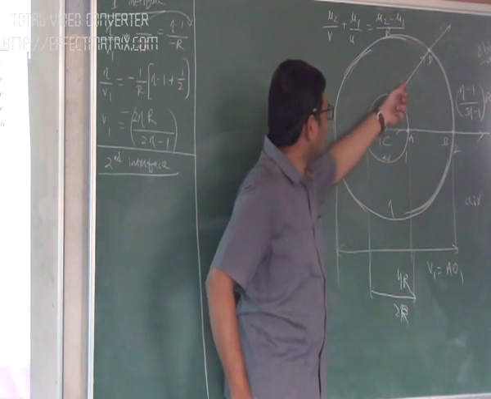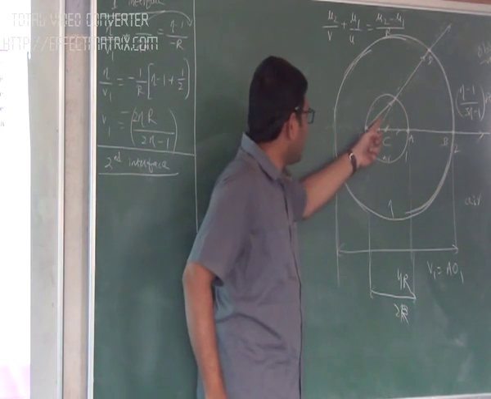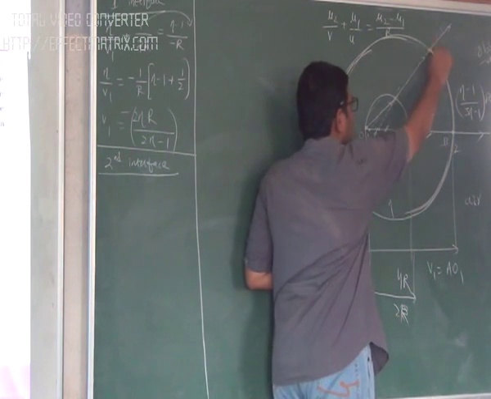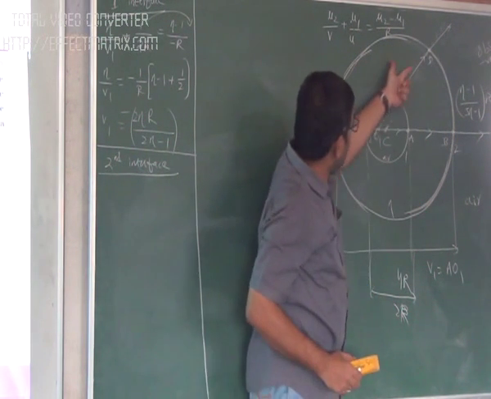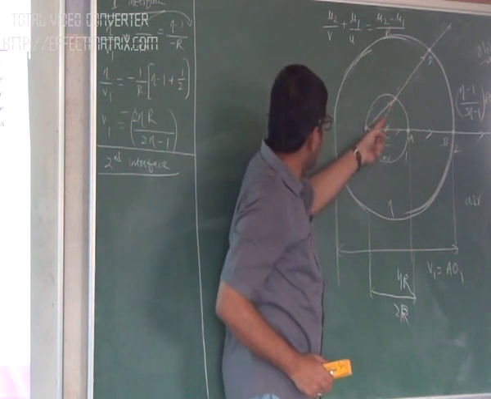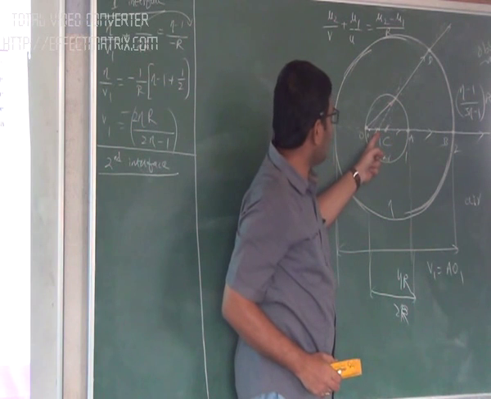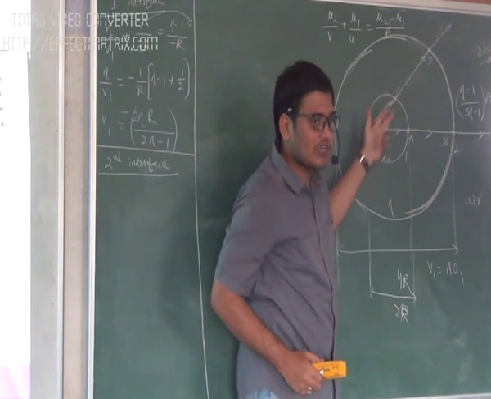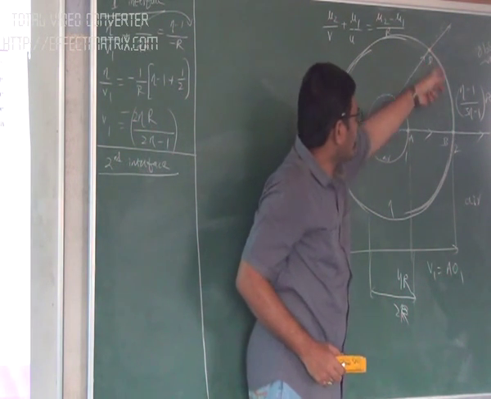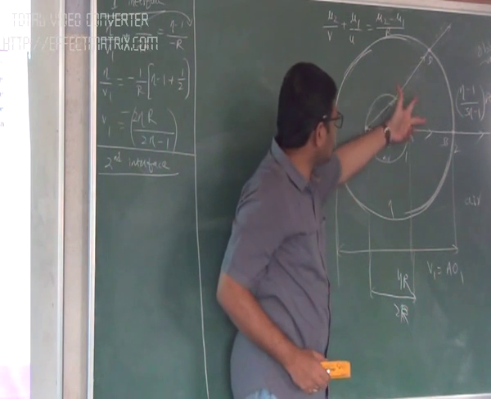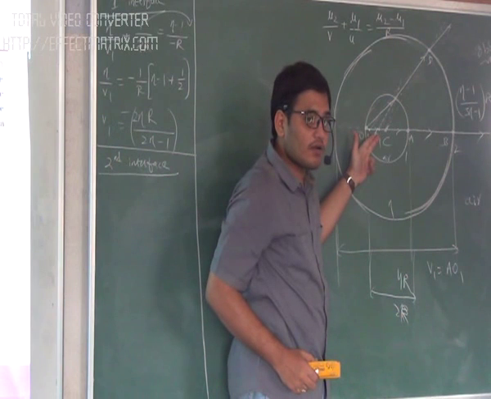These incident rays are appearing to come from O1. Are they diverging or converging? Diverging. So for interface 2, O1 will be the object because these incident rays are coming from O1.